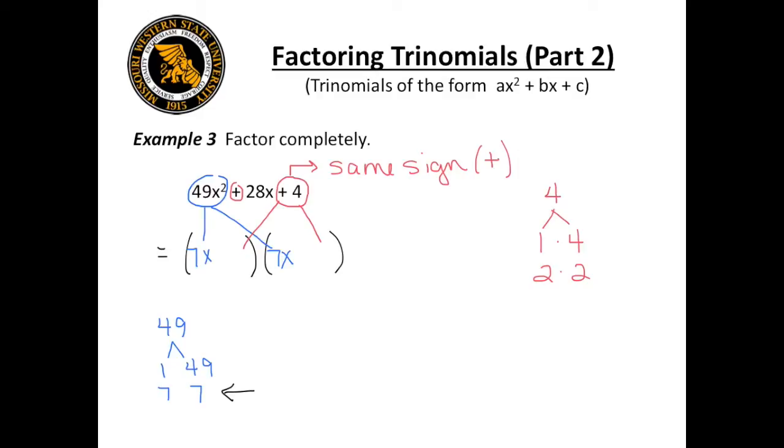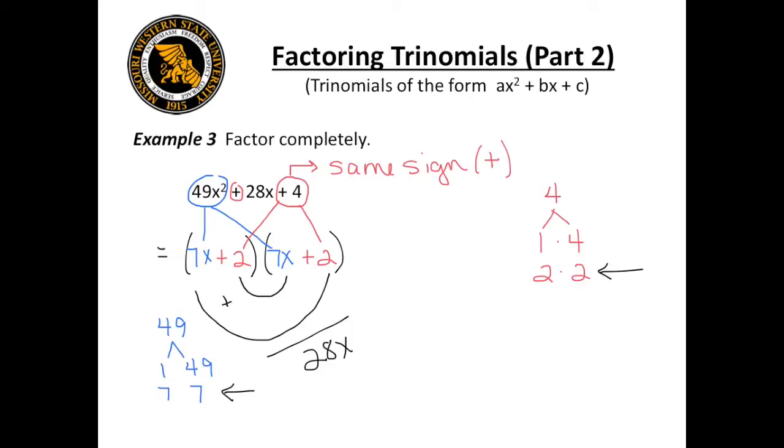Keeping in mind that we need to have our inner product plus our outer product equaling 28x, anticipating this, we can see that it's probably in our best interest to choose the factor pair involving 2 and 2. So let's put our plus 2 and our plus 2 in both binomials.